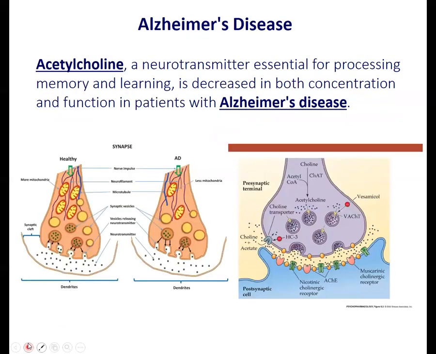So we're going to show you basically how a drug inhibitor works. This is used for treating Alzheimer's disease.